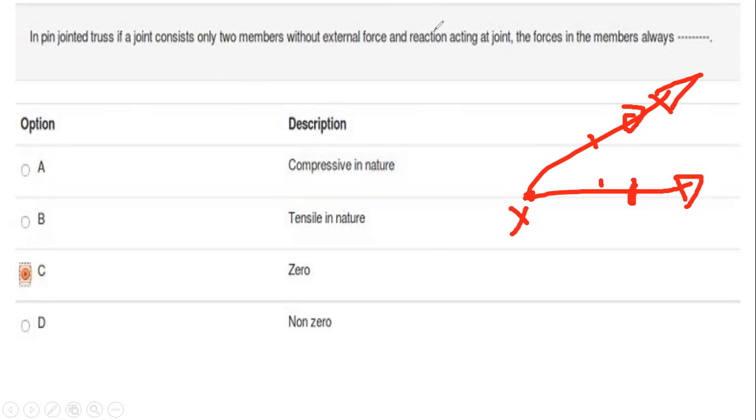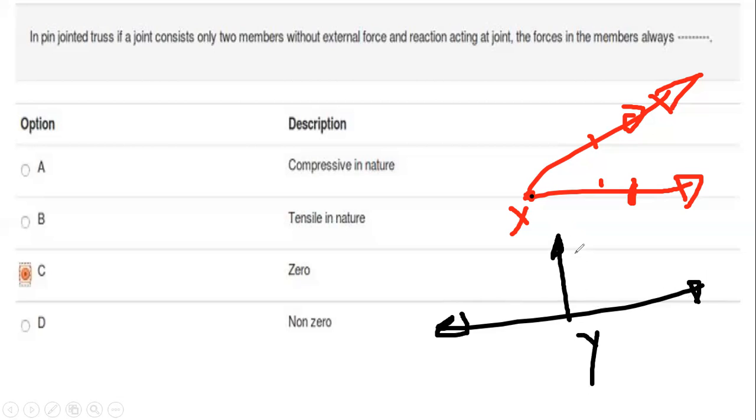There are certain rules we have to remember. At a joint, if two members are connected and no external load is acting, member forces will be 0. Second case: at a joint, if three forces are acting and two of them are collinear, the third force will be 0.